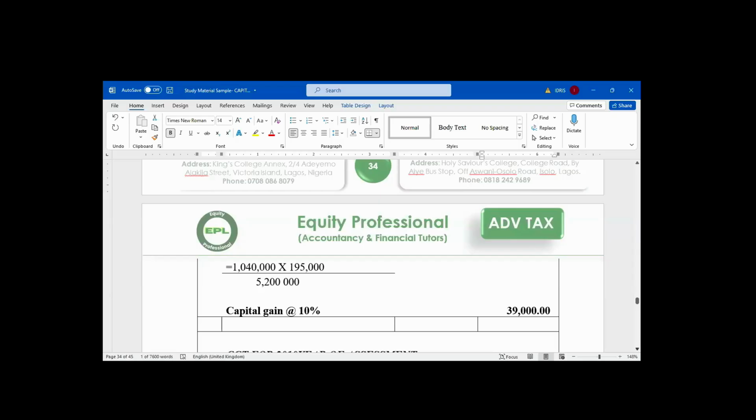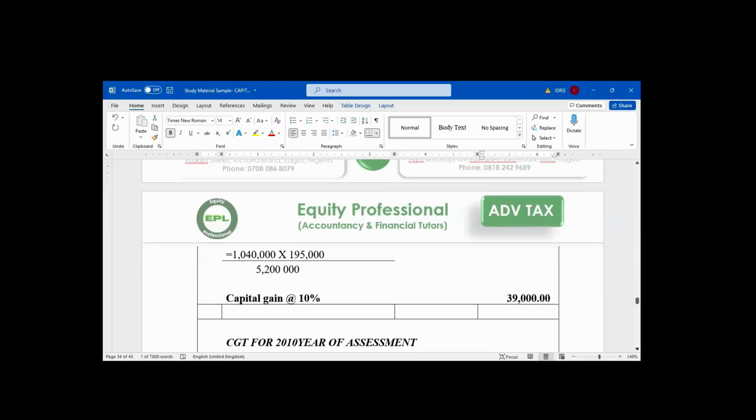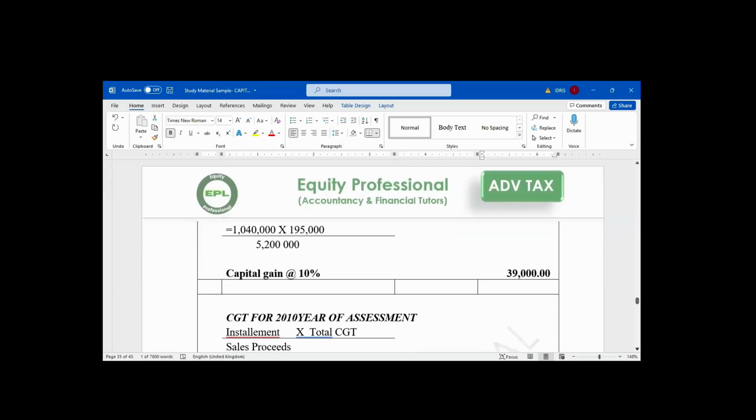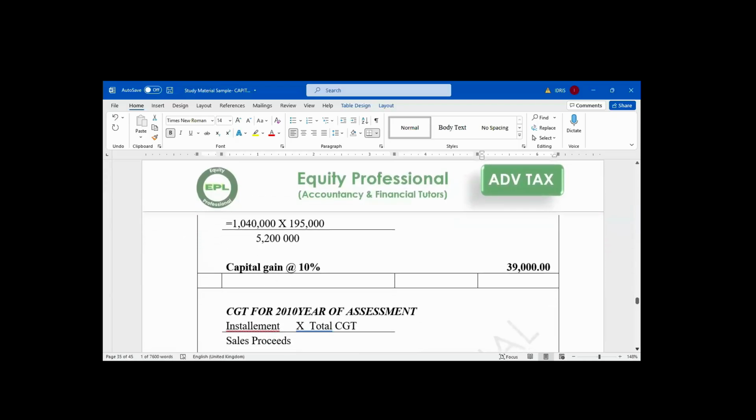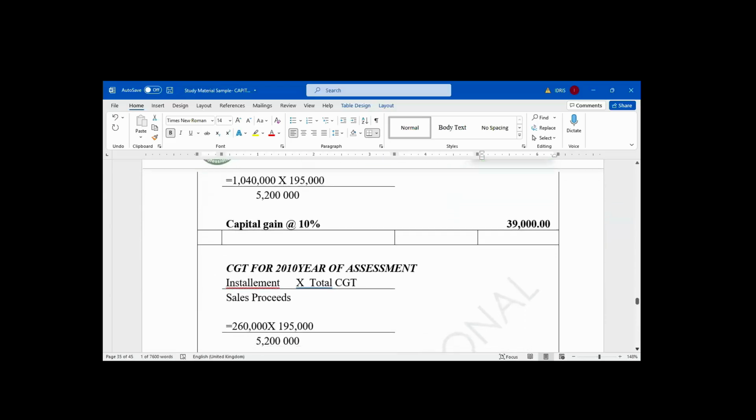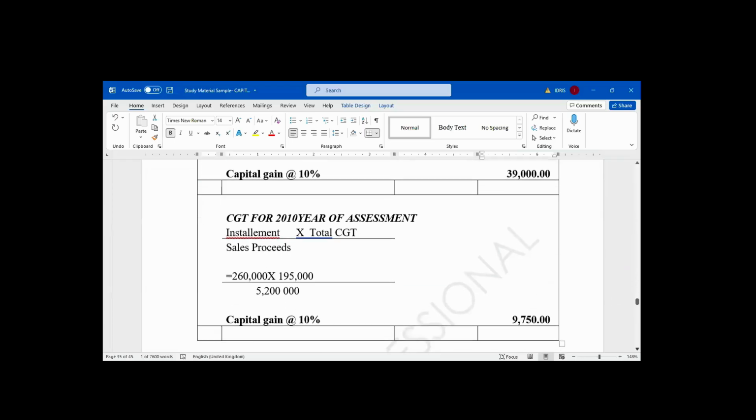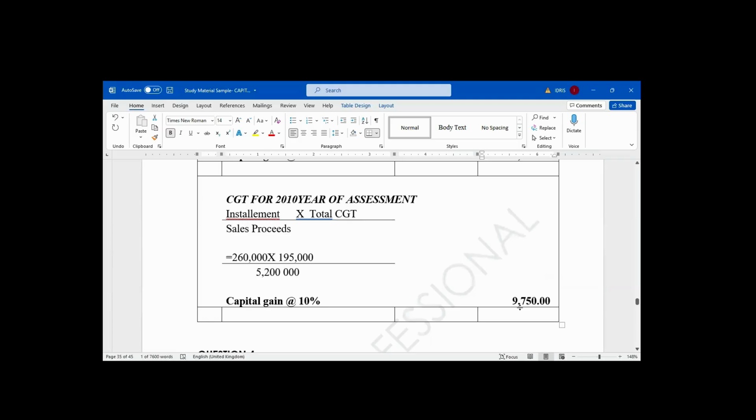In 2010, how much installment did the buyer actually pay? 260,000, times 195,000, over 5.2 million. So how much capital gain tax will the seller pay? 9,750, instead of 39,000.